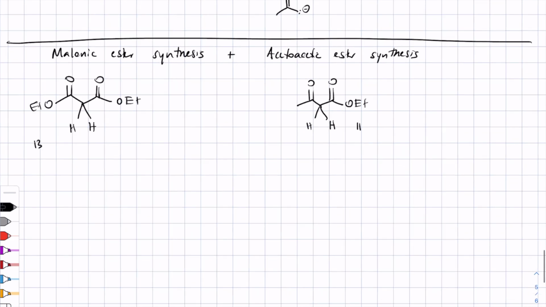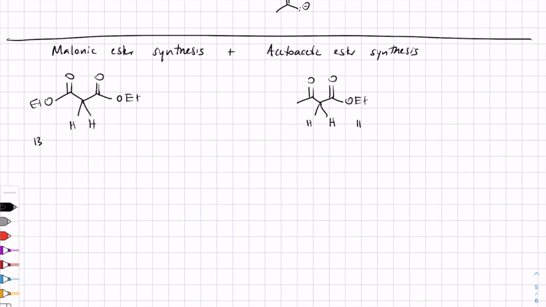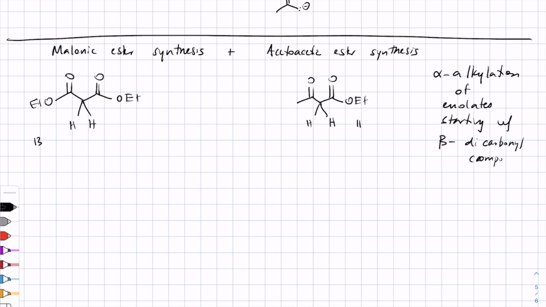So perhaps we could call this section alpha alkylation of enolates, starting with beta dicarbonyl compounds. That's a mouthful, and so I can see why your text has chosen to call this the malonic ester synthesis or the acetoacetic ester synthesis.